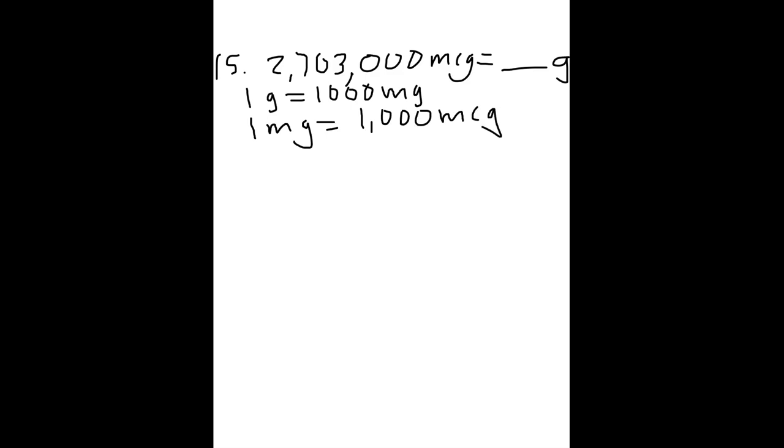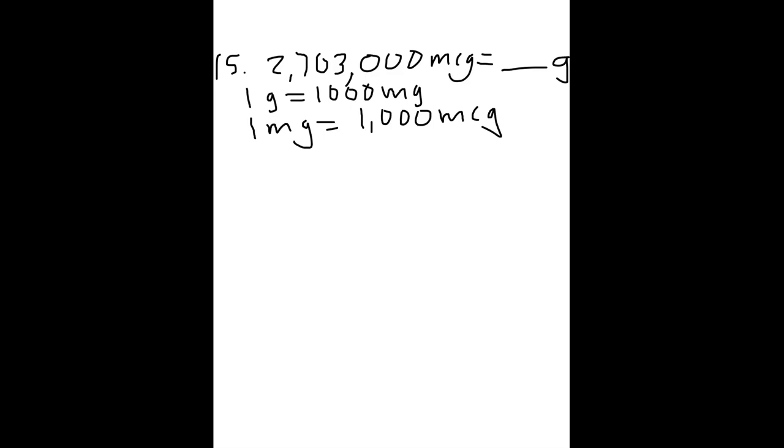We know two or three things. So we know that 1 gram is equal to 1,000 milligrams, and we also know that 1 milligram is equal to 1,000 micrograms. Okay, so this is how we're going to set up this problem.